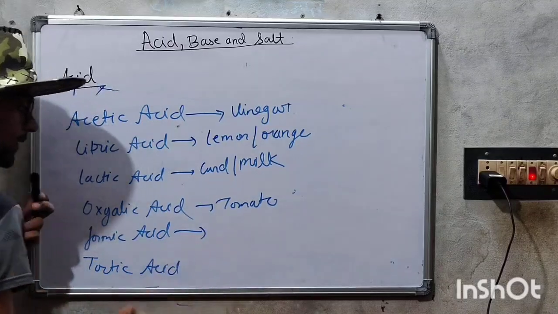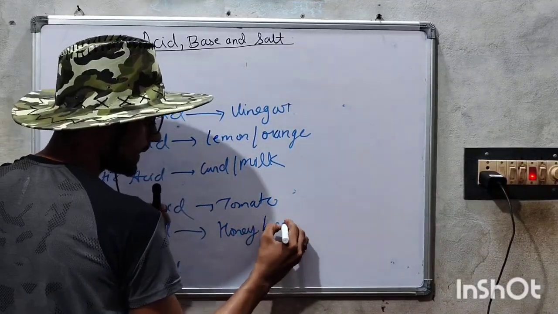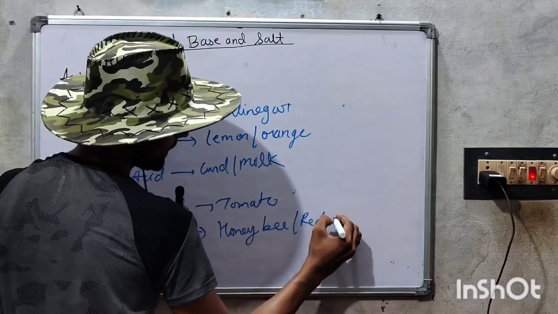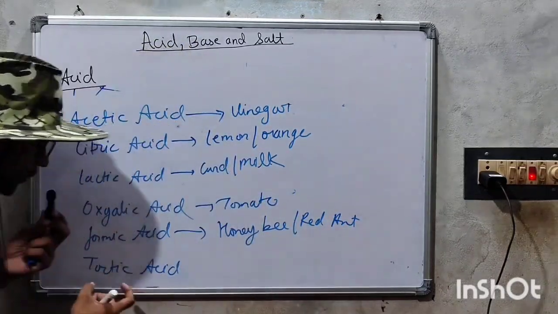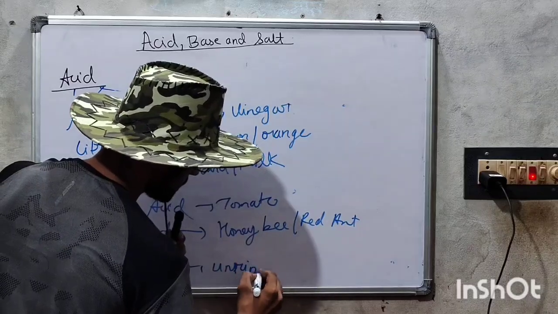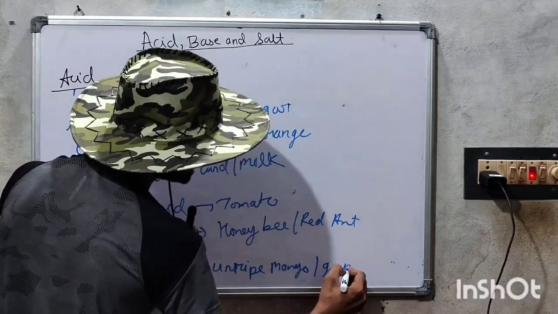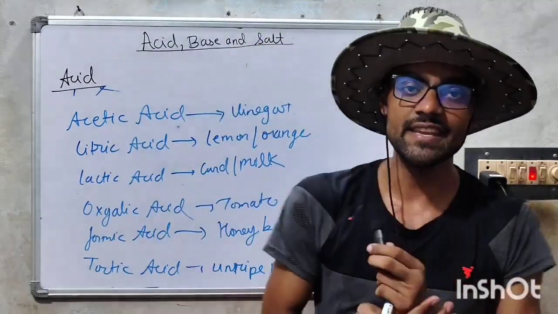Formic acid is found in the honeybee and red ant, and tartaric acid is found in unripe mango or we can say grapes. So these are some natural acids.